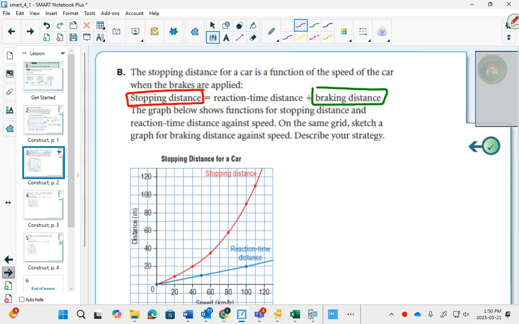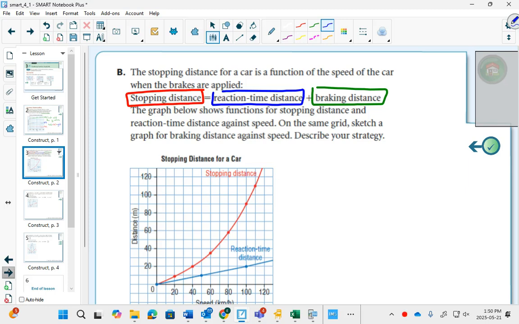And in that tiny amount of time, your car still moves forward. We call that, and it's on the graph here in blue, the reaction time distance. Does it make sense that how far you travel when you react, plus your skidding amount when you do react, those two together will equal your stopping distance?